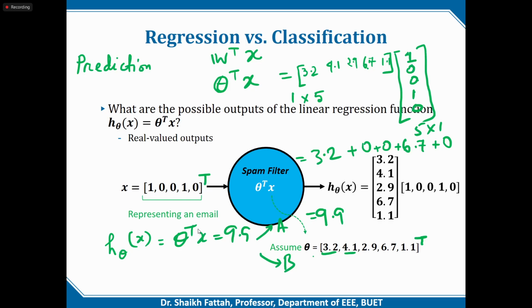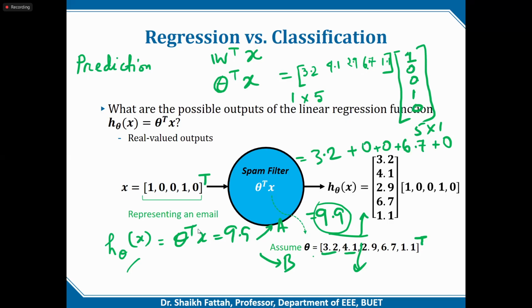Very simple technique. For example, if I set a threshold, above this threshold A, below this threshold B, the problem is this value h theta x can vary in a wide range: 9.9, 900, 1000, 9000, 1 million, many, many values. How can you set the threshold?